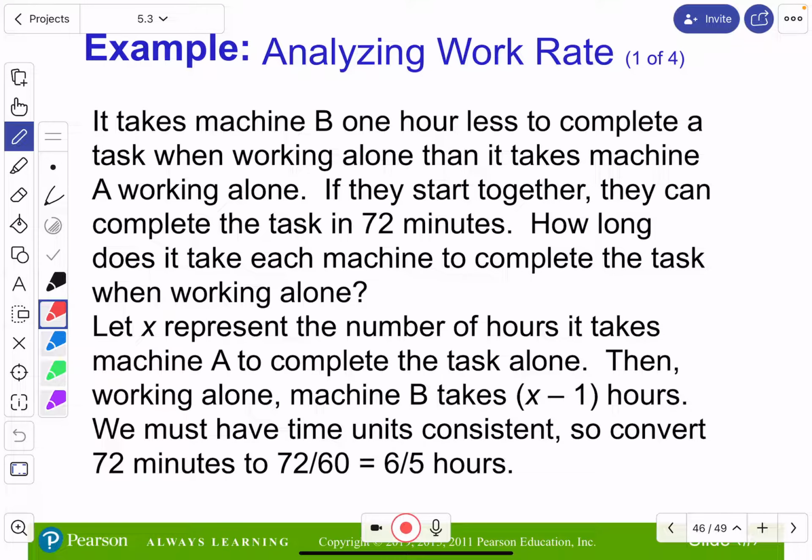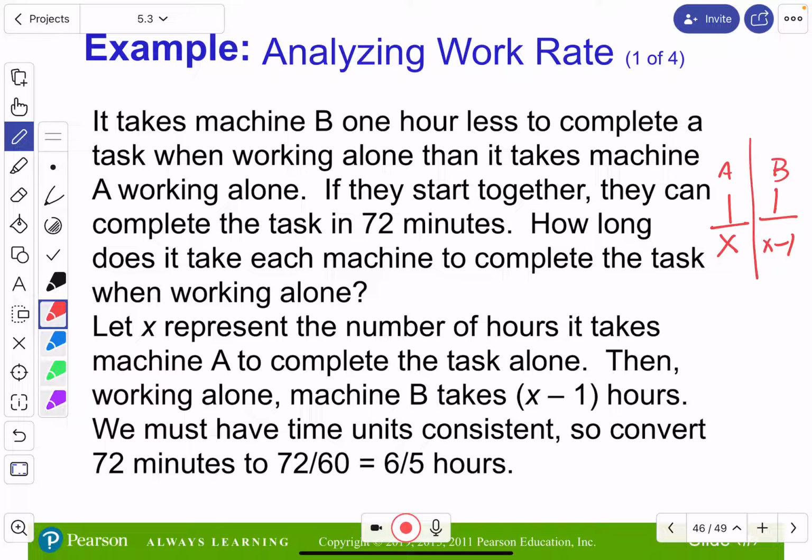So it takes machine B 1 hour less to complete a task working alone than it takes machine A. So machine A takes something, and B would take 1 hour less than that.